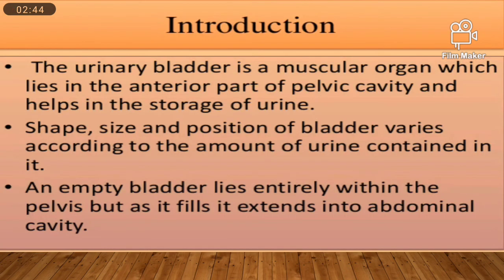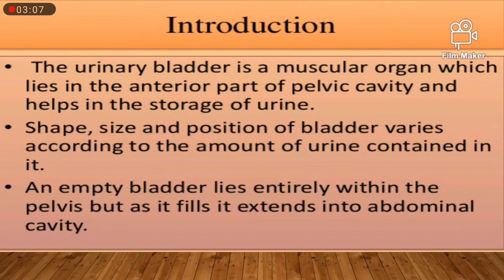Now coming to the topic proper, the urinary bladder is a muscular organ which lies in the anterior part of the pelvic cavity and helps in storage of urine. Shape, size and position of the bladder vary according to the amount of urine contained in it.